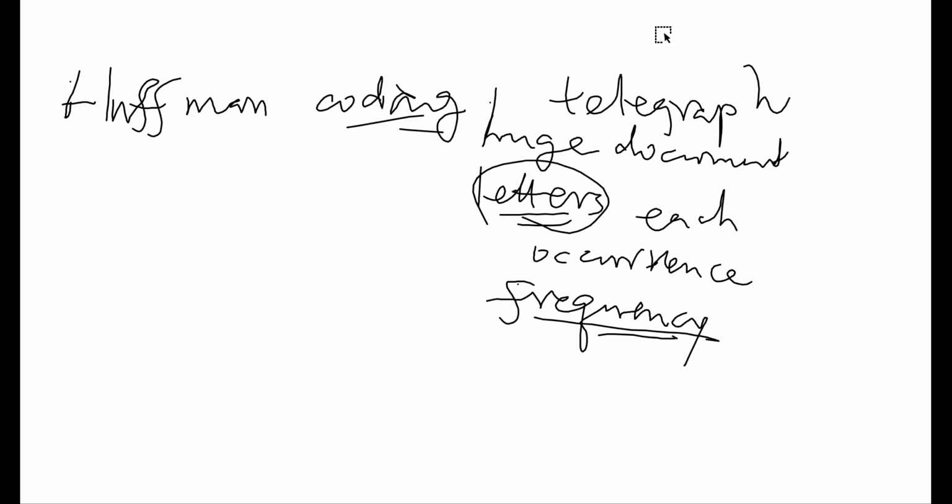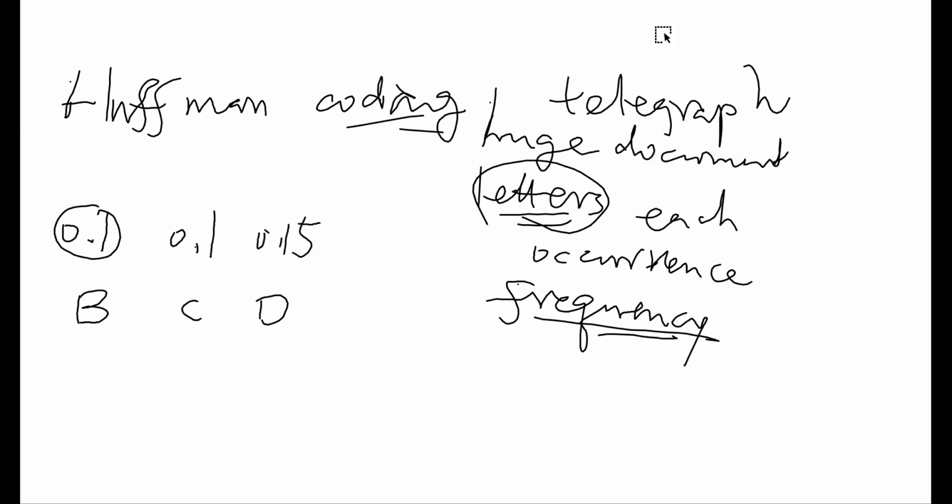Suppose I have some letters that look like this. Letter B, its frequency is 10%. Letter C, its frequency is also 10%. Letter D, the percentage is 0.15.